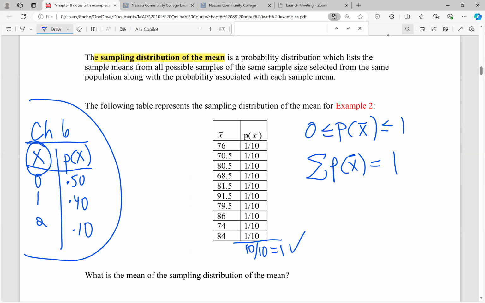For now, I just want to explain what is a sampling distribution of the mean. So it's just a probability distribution, but now my random variable is x bar. And it's a probability distribution which lists all the sample means from all possible samples of the same sample size selected from the same population, along with the probability associated with each sample mean.